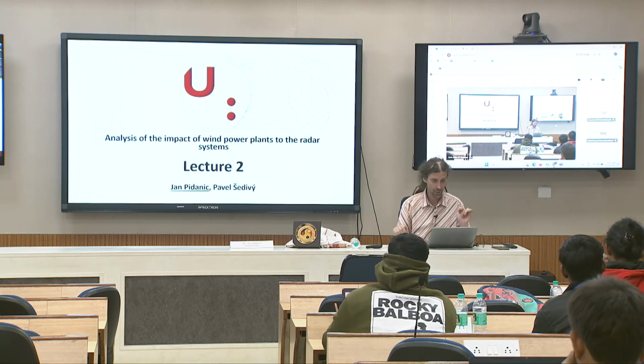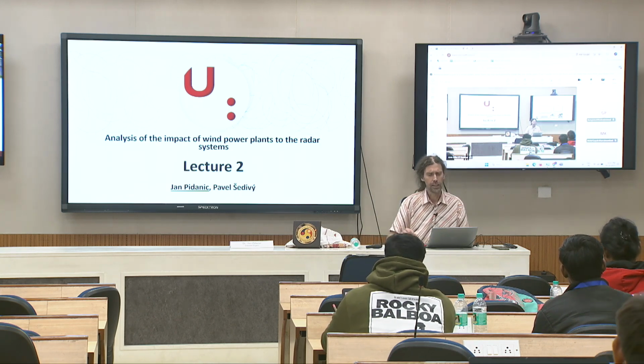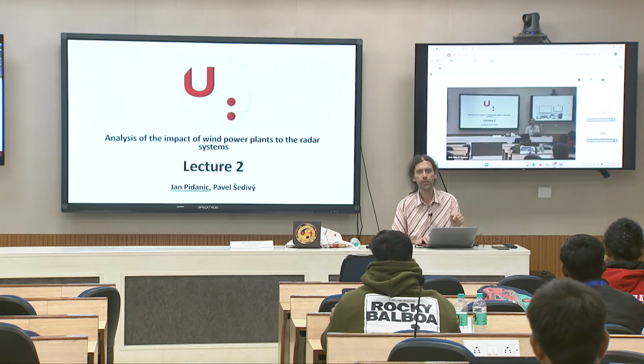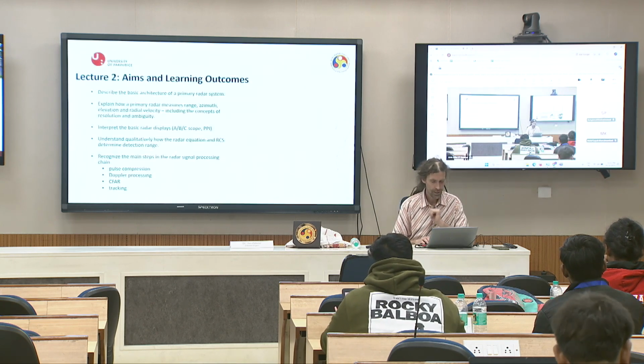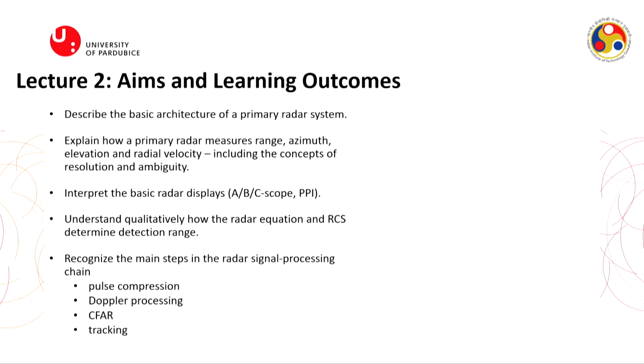So in this lecture I want to show you some really basic things that you will use later in other lectures. In case you do not understand something, don't worry, there will be practical examples and it will become clearer.